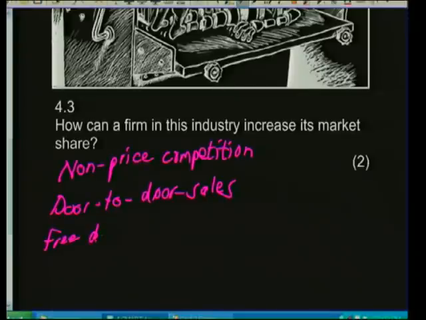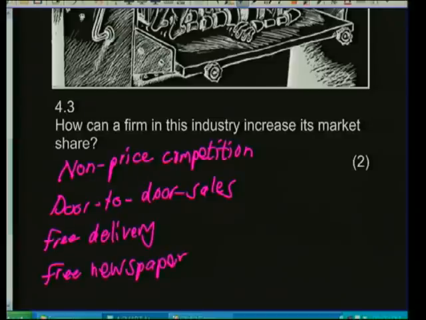For instance, free delivery, or a free newspaper when you fill up your car. So the price of the product doesn't change, but you do something else that will encourage the consumer to purchase your product.